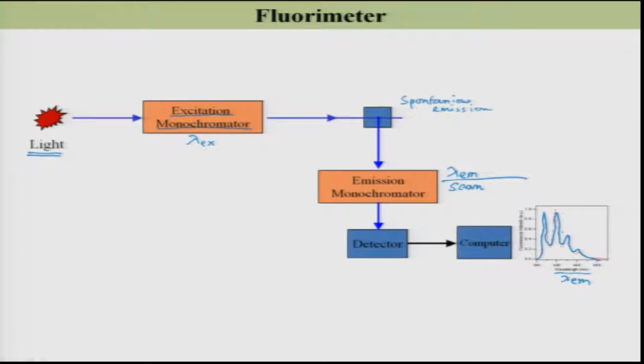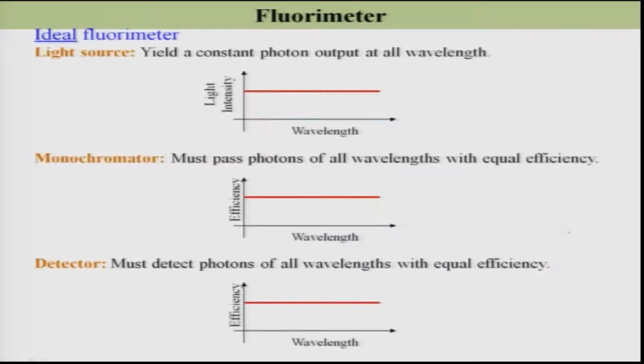Even if you record this emission spectrum with this nice fluorimeter, the emission spectrum we record is not the correct emission spectrum, and the reason is that the monochromator and the detector are not ideal. What do I mean by ideal?